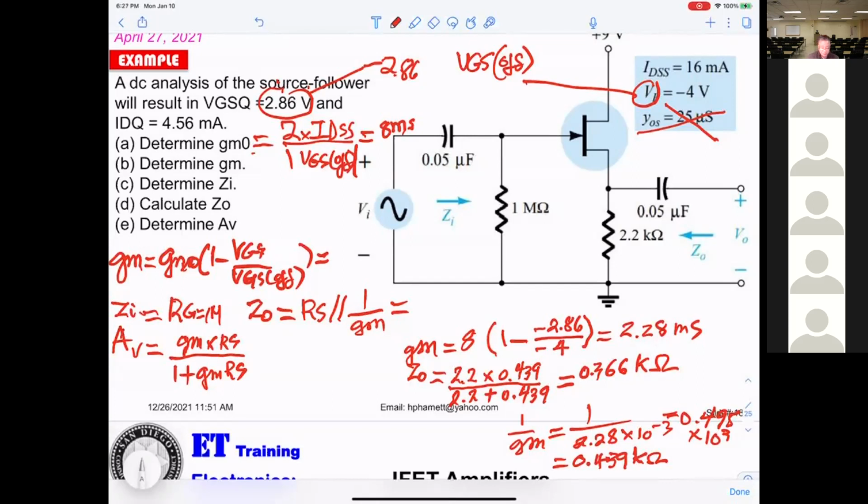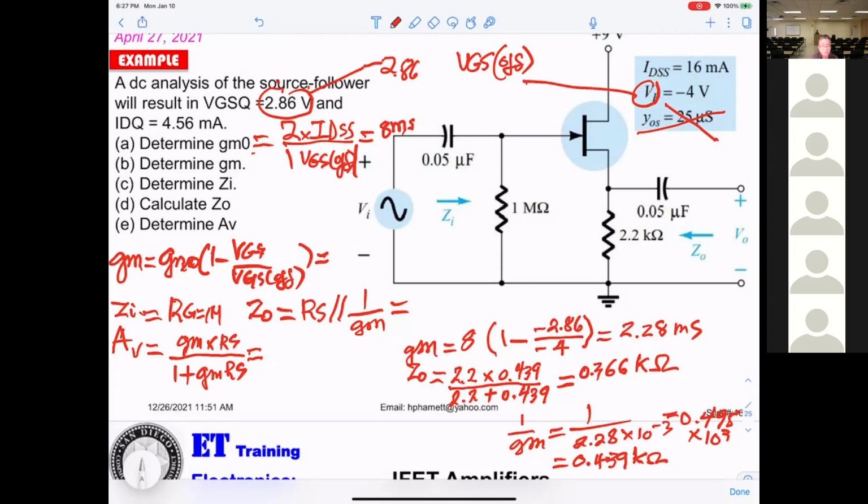Okay. The last one, whoever gets IAV, let me know. Mr. Pham, I was going to ask you, when you do 1 over GM, you've got the 1 on the top and the GM in the bottom is 2.28 millisiemens, right? Yeah, that means 10 minus 3. I know, but let me finish.